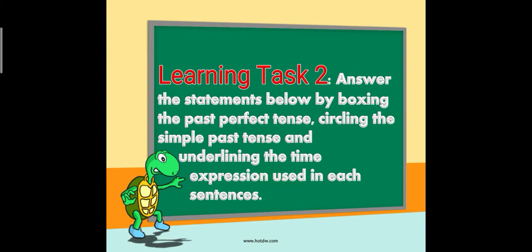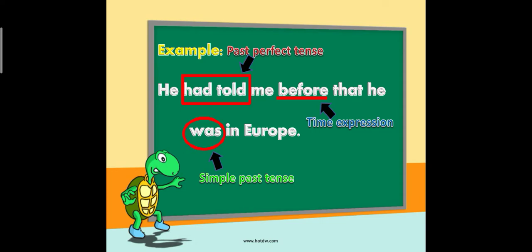Answer the statements below by boxing the past perfect tense, circling the simple past tense, and underlining the time expression used in each sentence. Are you ready? Let's have first this example. The sentence is, "He had told me before that he was in Europe."